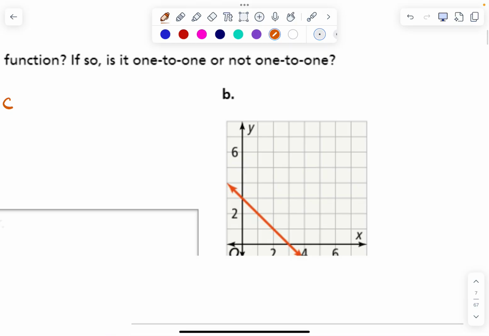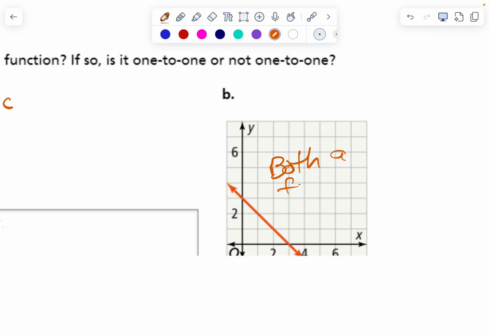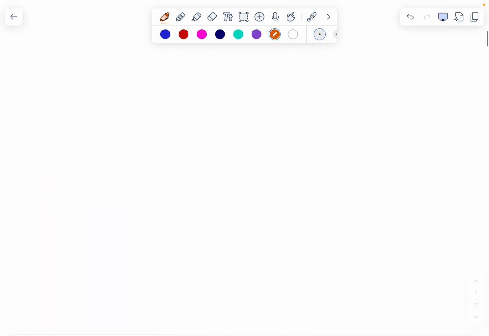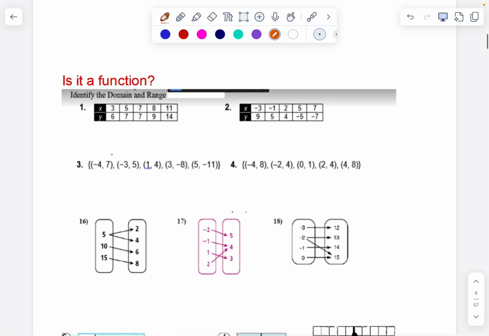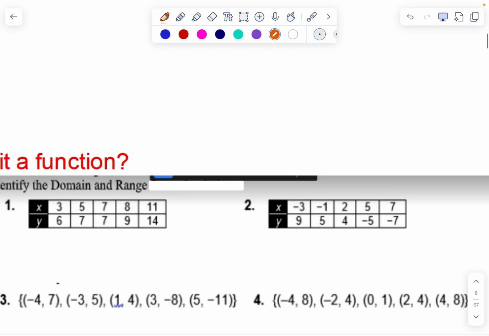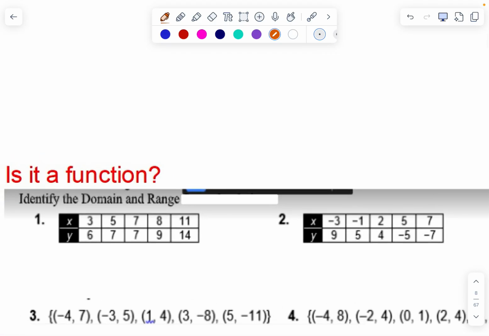Yes. Lines are always a function, and they're always one-to-one. All right, let's do a couple more. Let's do a couple more tables. So first, number 1, is it a function?